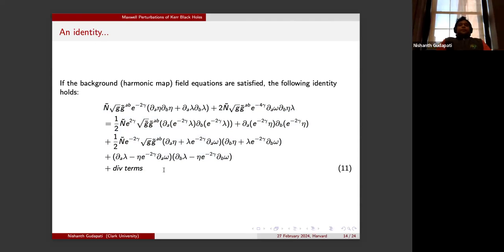And the divergence terms, depending on the regularity conditions on the horizon, axis and infinity, you can choose in such a way that they vanish, right? In particular, if you choose, for example, compactly supported perturbations, then of course those divergence terms vanish, especially in this gauge invariant problem of Maxwell perturbations of Kerr spacetimes. So that's the key.